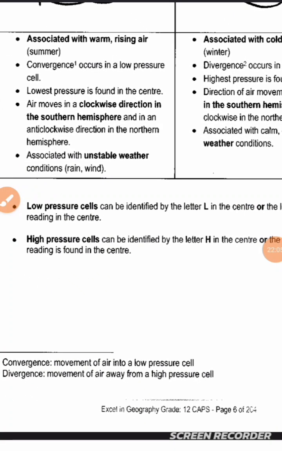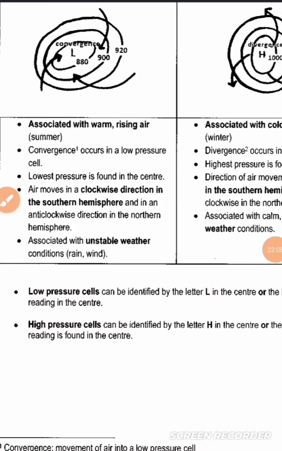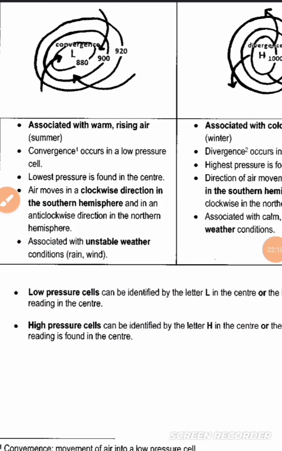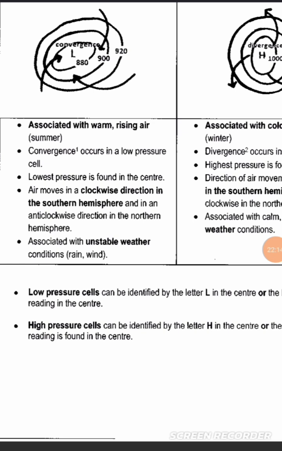A low pressure cell is associated with unstable weather conditions. This is very important. A lot of students don't understand this.